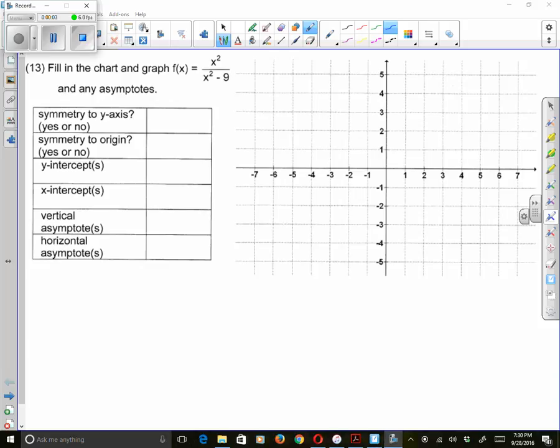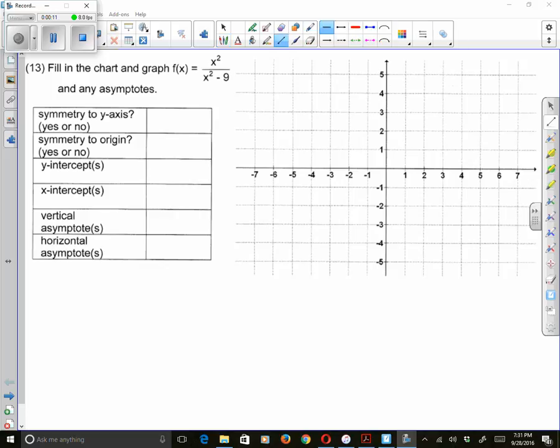We want to fill in the chart and graph the function with asymptotes and anything else we can find. Symmetry is simple. Step 1: we plug in negative x for f of x.